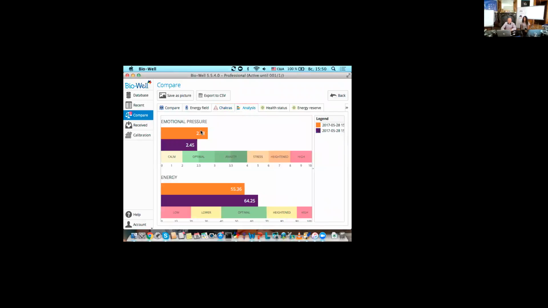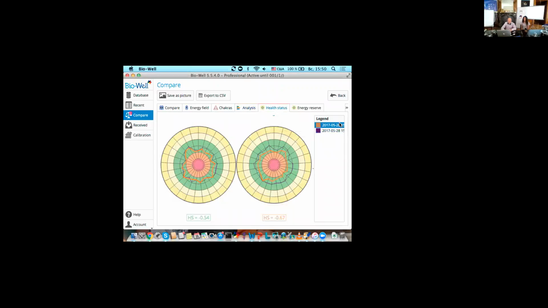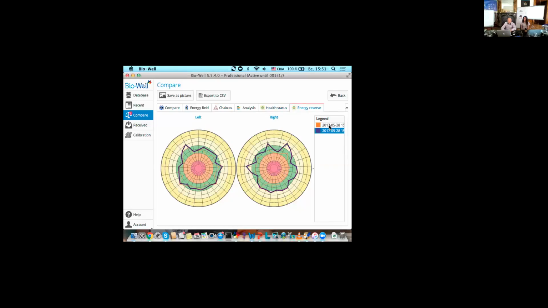In analysis, again, it was 278 to 64. And those two parameters are practically the same. In health status, we have minus 54.67, minus 30.13. And in energy reserve as well, we have an increase of energy reserve.